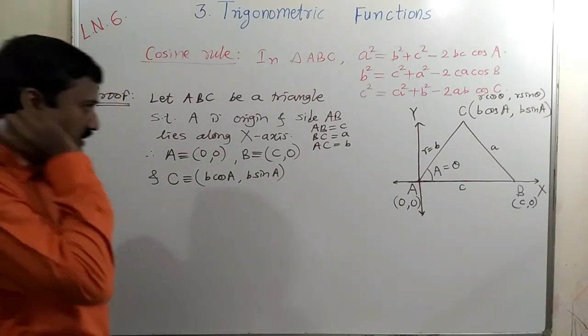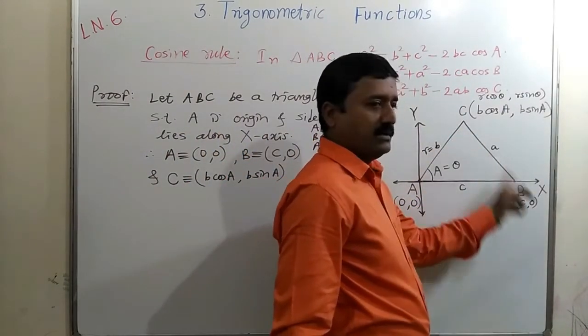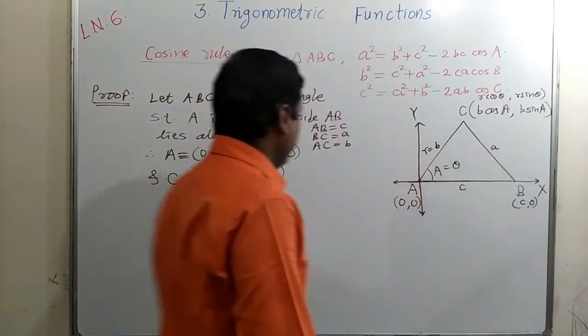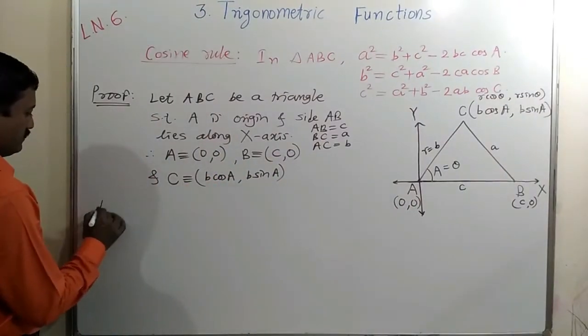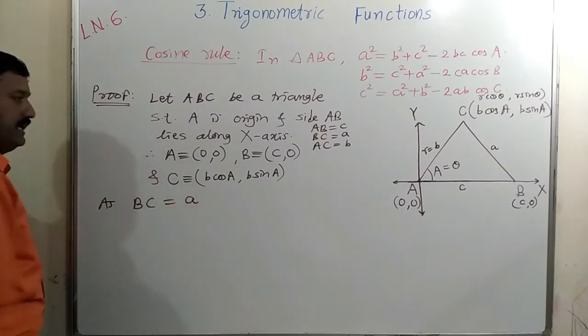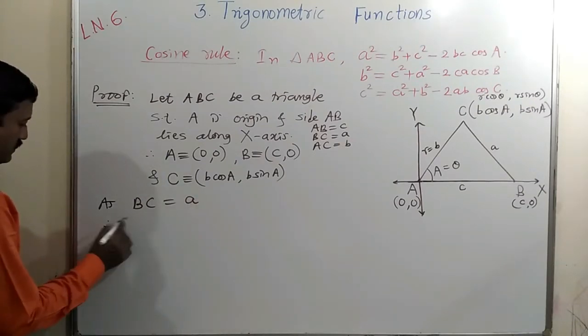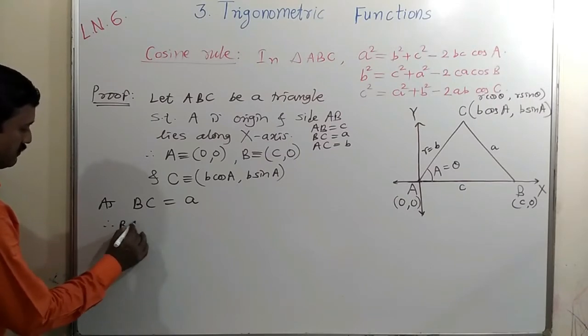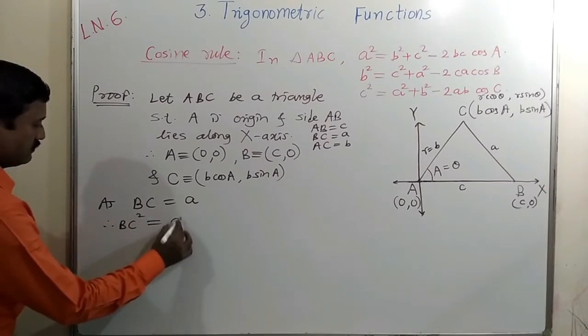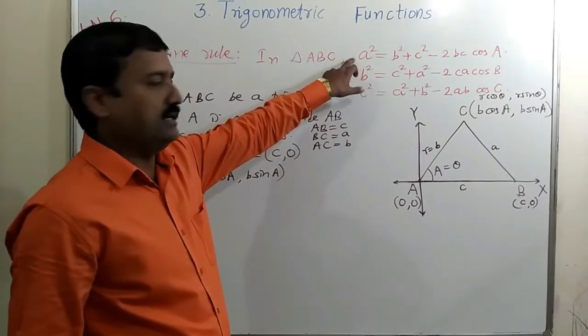Now the length of segment BC is equal to a. Therefore BC square is equal to a square, because we want to find the value of a square.